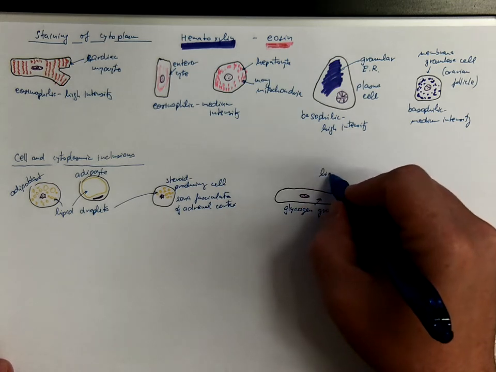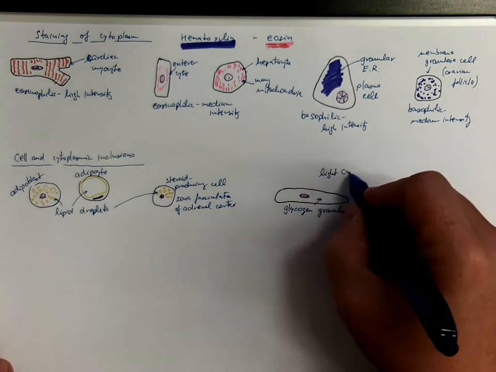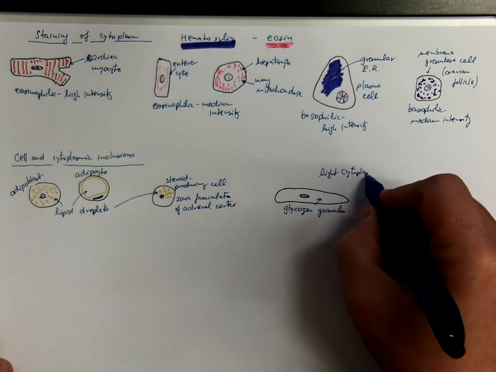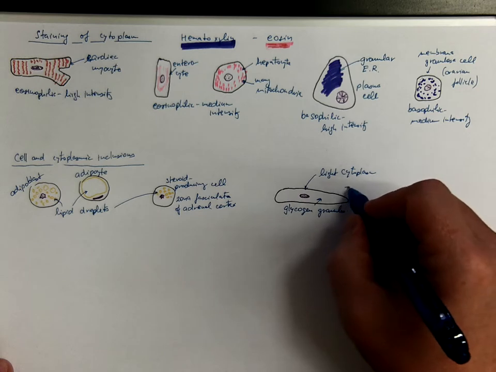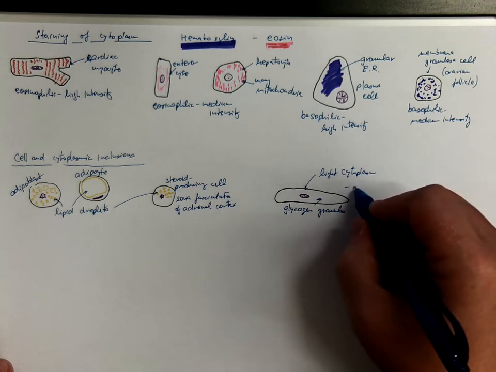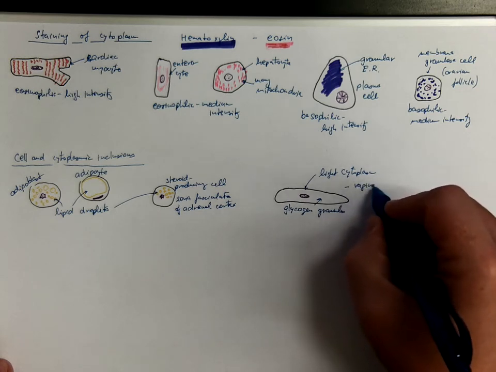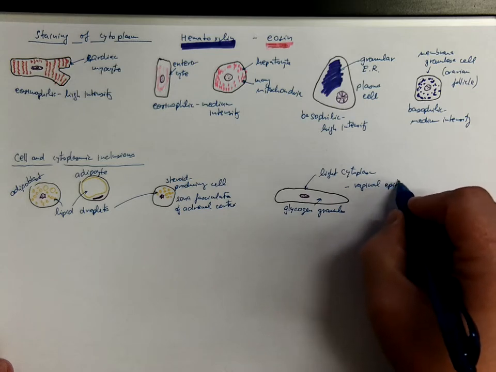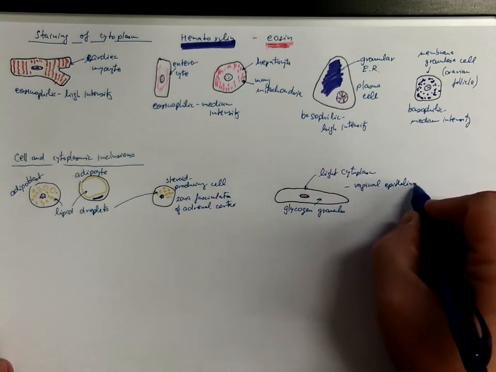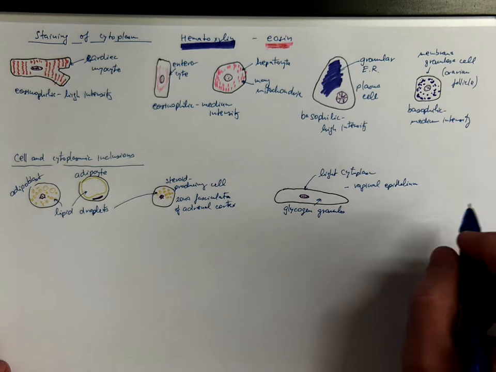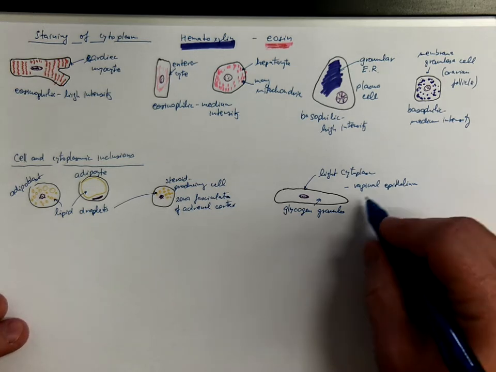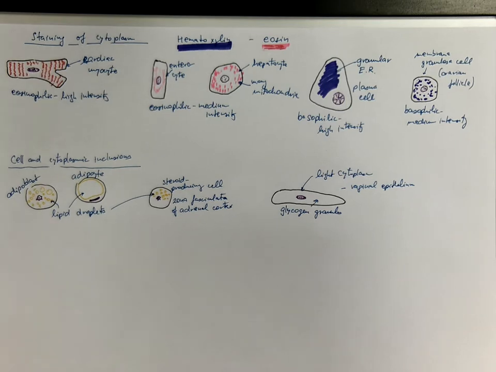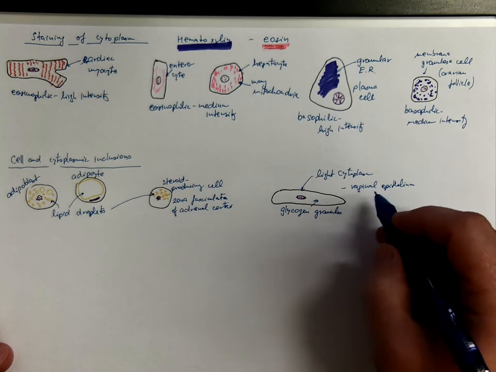So it's light cytoplasm as a consequence. So this is vaginal epithelium during the reproduction period, where the cells are sensitive to estrogens, resulting in accumulation of glycogen.